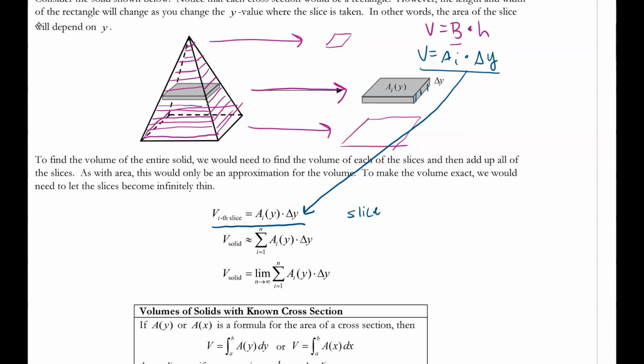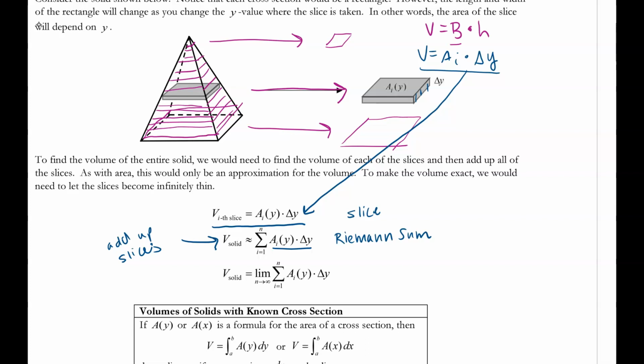But if we want to figure out the solid, we need to add up all the volumes of the slices. And again, this is a different way of expressing a Riemann sum. So this just tells us that we're going to add up from i equals 1 to i equals n all of these slices. And this again represents the volume of a single slice.